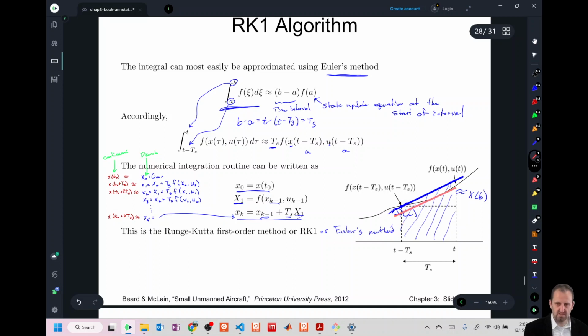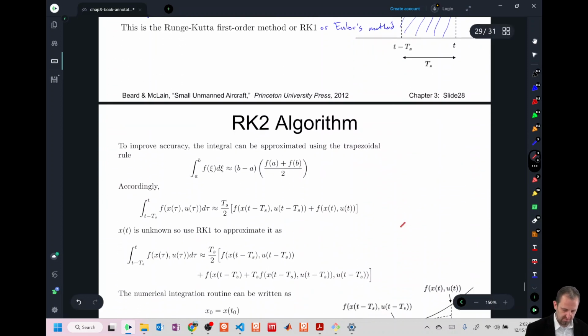So we'll take the average of those two and say the average of the areas under those curves is going to be a better approximation than just evaluating it at the start time. Now, there's an issue with that, which is that we don't know what it is at the final time, so we'll have to approximate it. So we use a first order approximation to get there. I'm getting ahead of myself a little bit.